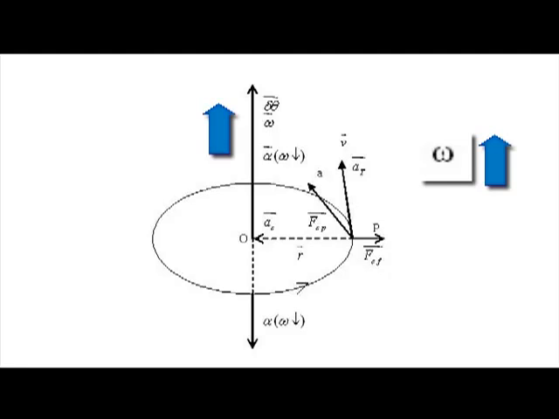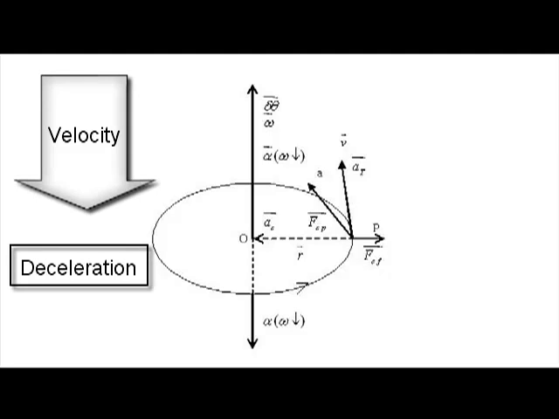When velocity decreases, a negative acceleration or deceleration or retardation is produced, or when the magnitude of velocity decreases, the direction of acceleration is exactly opposite to the direction of velocity.